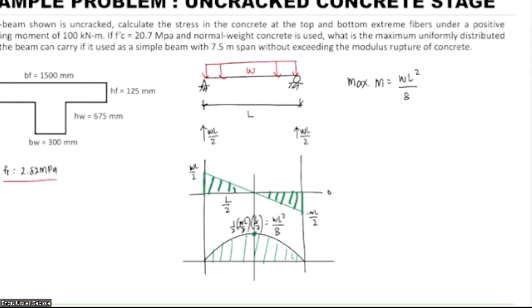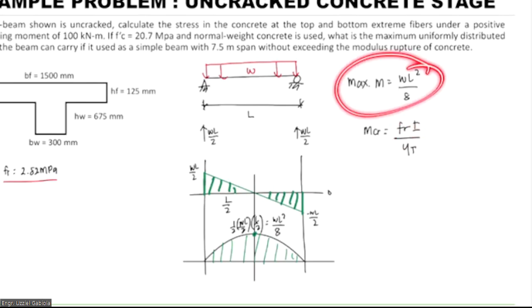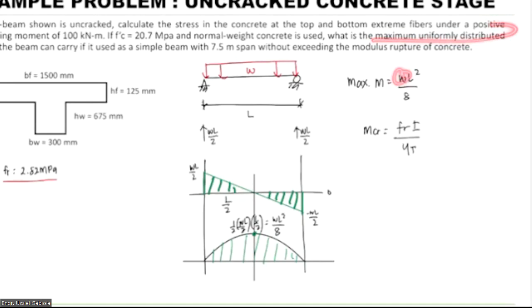The formula for cracking moment is equal to FR I over YT. We already have this value on the previous slide, and also this value. So we can equate these two equations together to get the maximum uniformly distributed load that will give us the value before the concrete cracks.